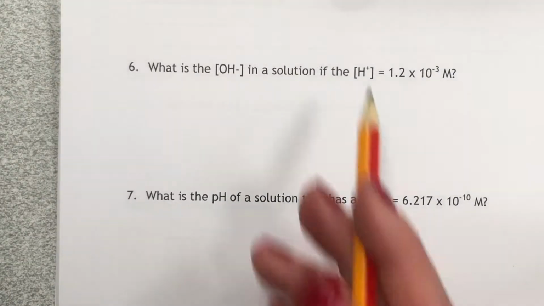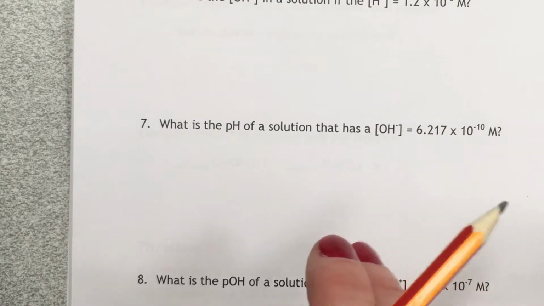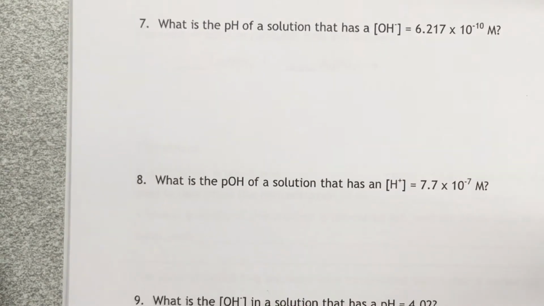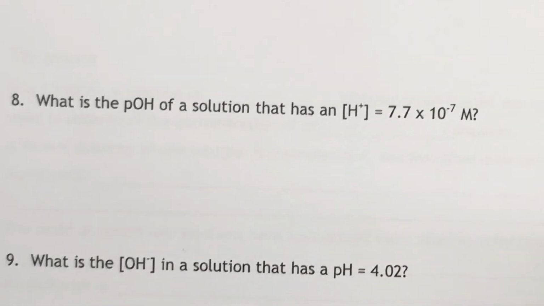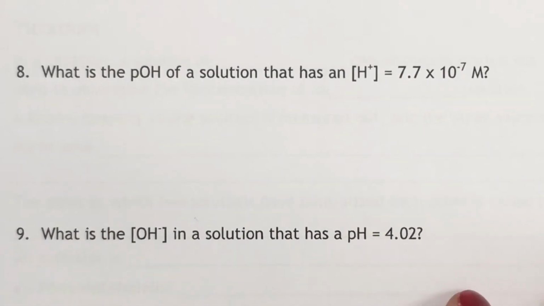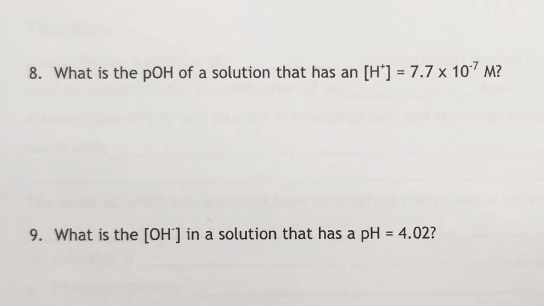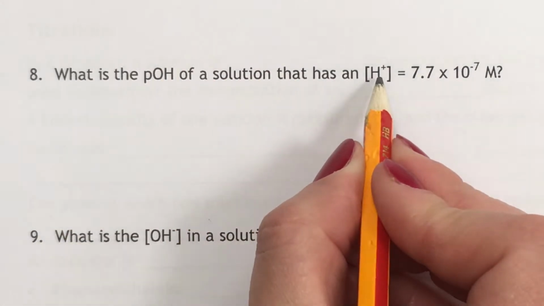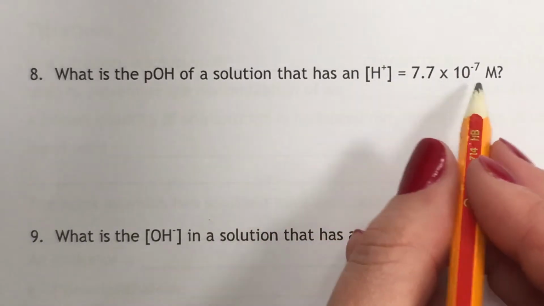Okay, so moving on, let's look at a problem that has multiple steps to it. Let's look at number 8, which I think would be a more difficult problem to solve. What is the pOH of a solution that has a concentration of hydrogen ions of this much?